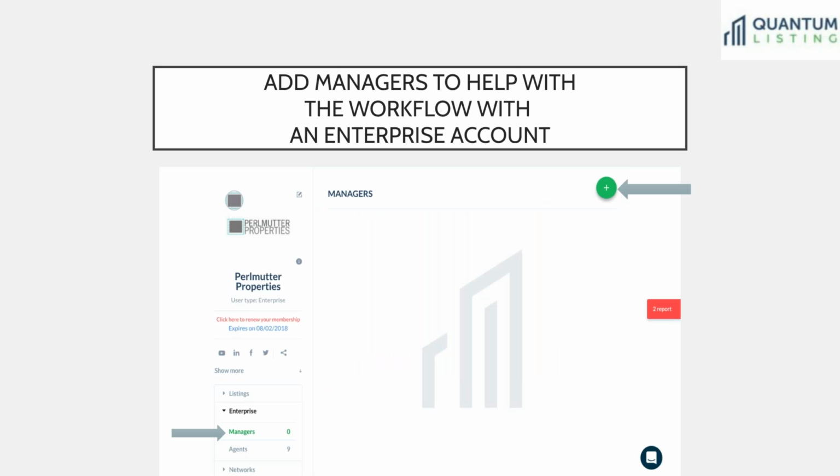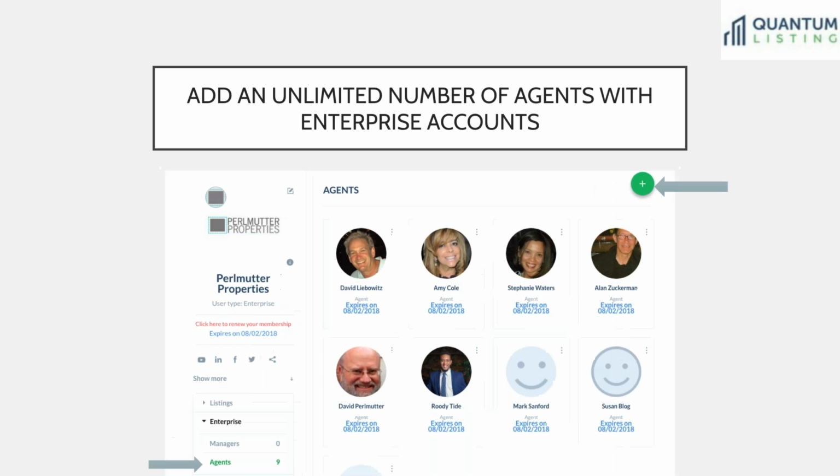If you are an enterprise account and you have numerous brokers and marketing people, you can add managers that help with the workflow. Managers have the capacity to add listings. They can add agents, and they can edit and delete those things as well. So it makes it much easier for whoever's running the shop to have lots of people that can help with the work.